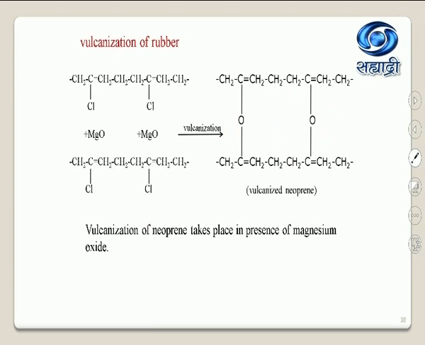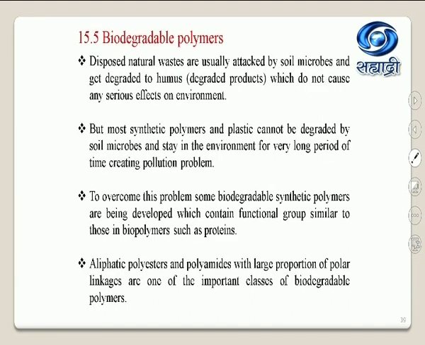So in this way, vulcanization of neoprene takes place in presence of magnesium oxide. Here you also have to remember that magnesium oxide is used for vulcanization of neoprene because there may be a question in the board exam. Now the next polymer is biodegradable polymers.